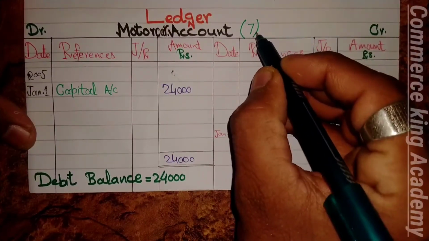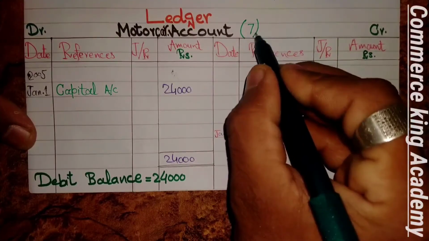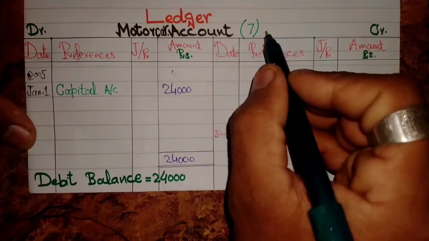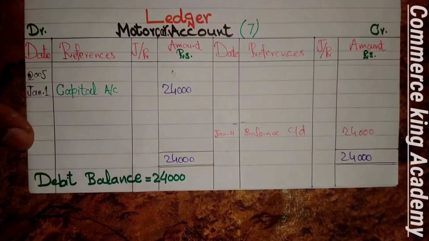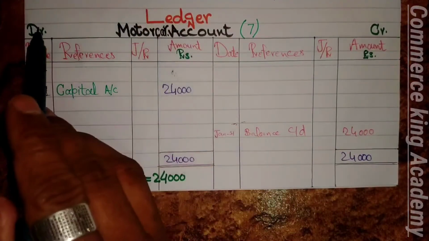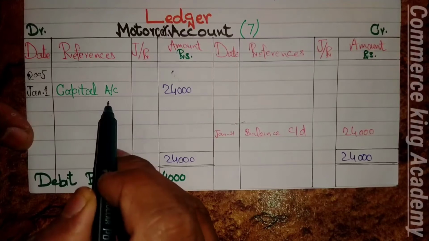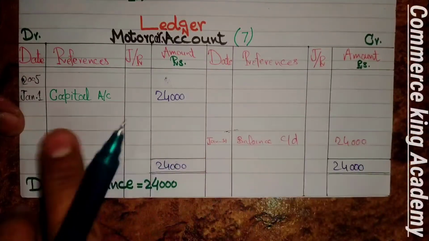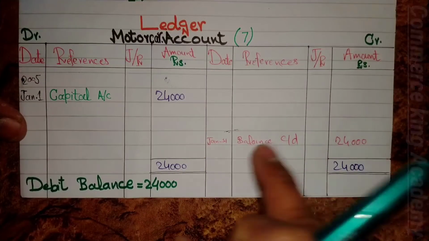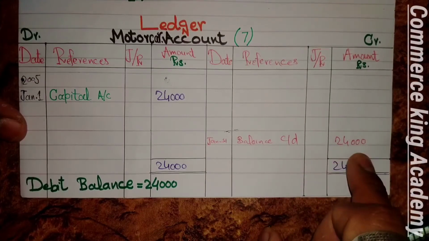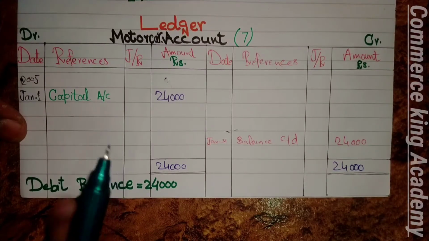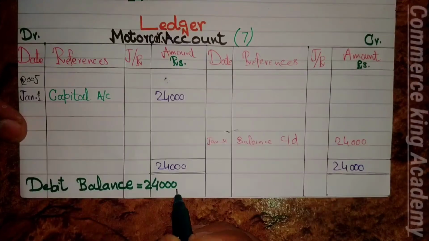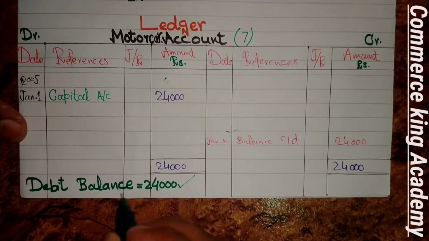We can also say this is the account number. Motor car account number is 7. Clear? So motor car account was debited by capital account also. We have totals of both sides, debit and credit. So we have balance on credit side amounted to 24,000 rupees, and ultimately we have debit side heavier than credit side. Debit balance of motor car account is 24,000 rupees.